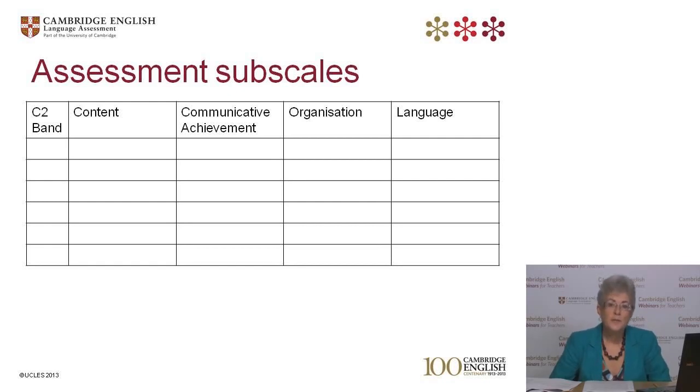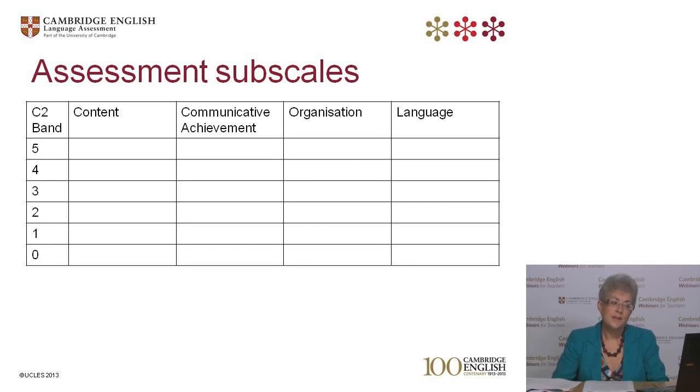The communicative achievement subscale focuses on how appropriate the writing is for the task and whether the candidate has used the appropriate register. Organisation focuses on how the candidate structures the piece of writing, for example, if it's logical and well ordered. And finally, the language subscale covers vocabulary and grammar, which includes the range of language used, as well as how accurately it's used.